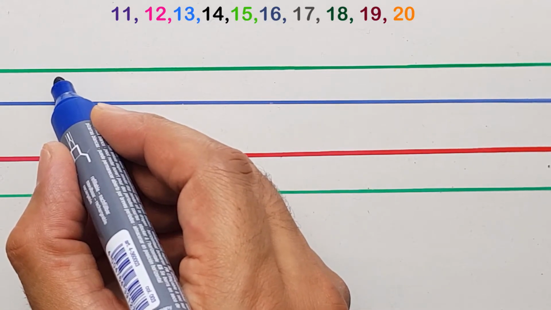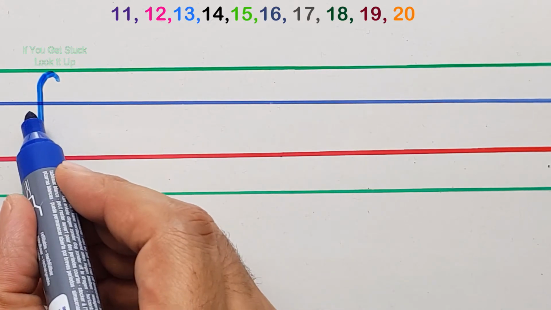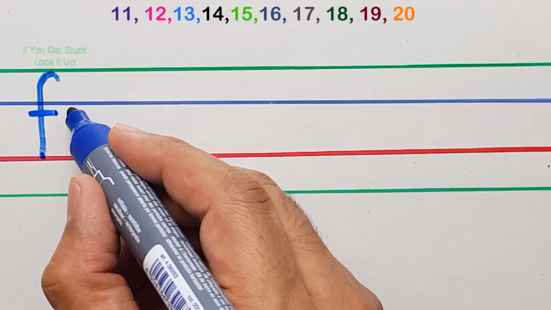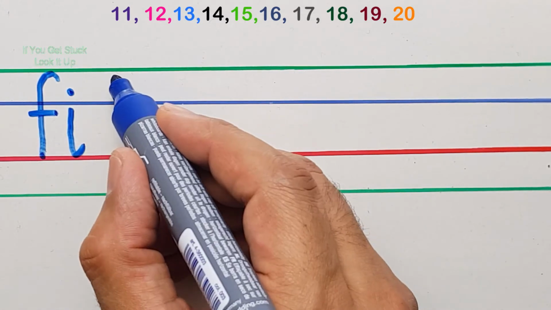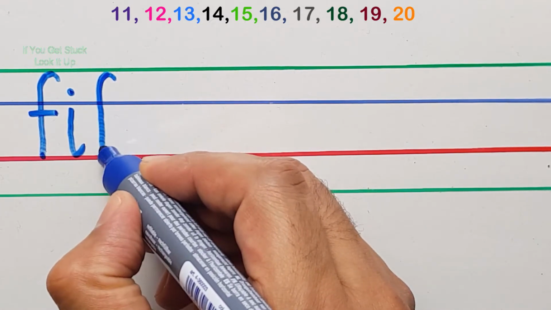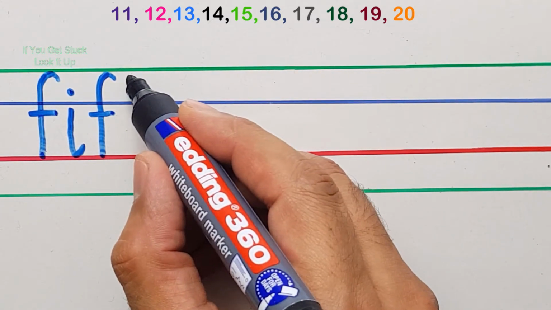15. It's a tall letter, so start with F. I. And then F. And then you have your teen sound.